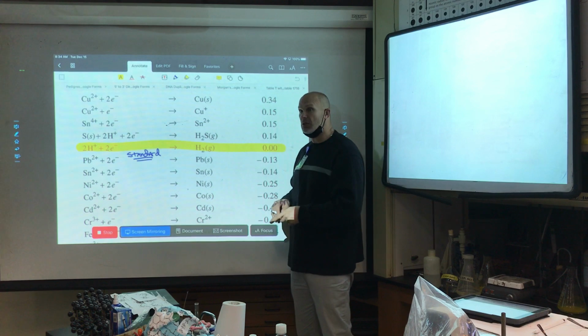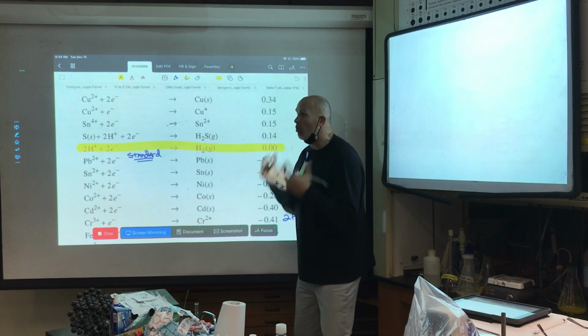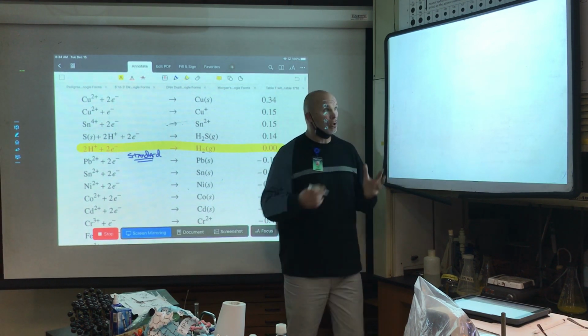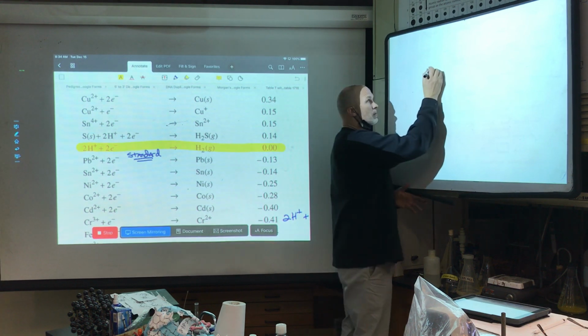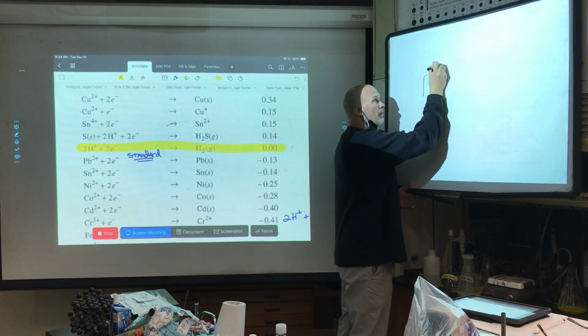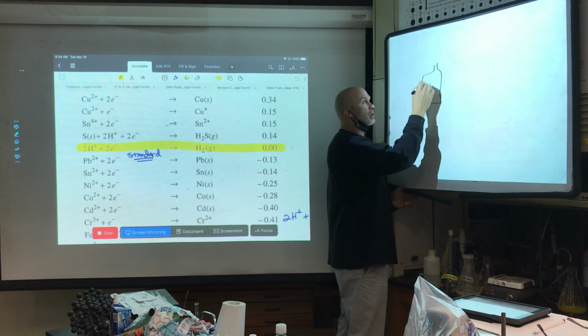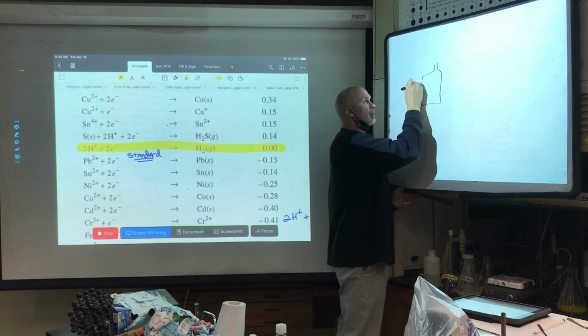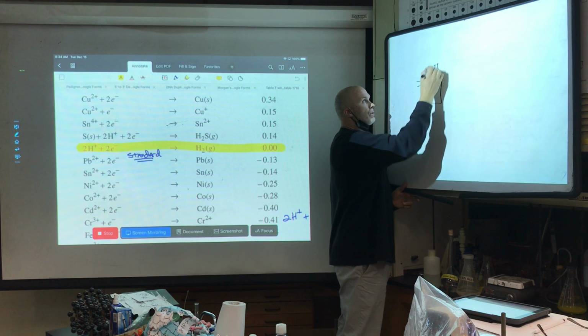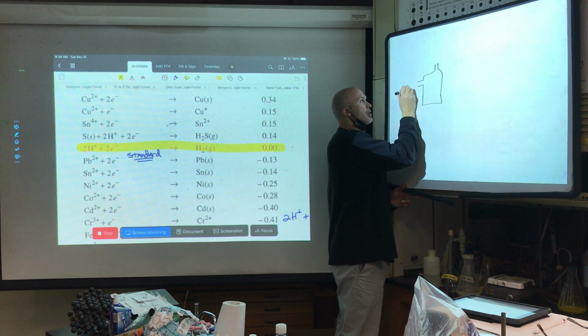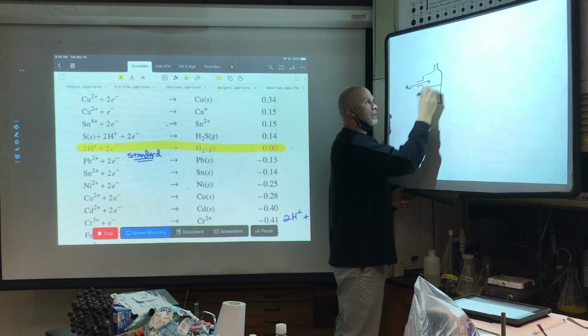I know I mentioned it yesterday, but I'm going to mention it again because I want you to understand where this comes from. So the standard cell experiment looks like this, okay? I know you guys at home saw it, but I just want you to understand where it comes from. Okay, so first and foremost, I'm pumping hydrogen gas into this container.